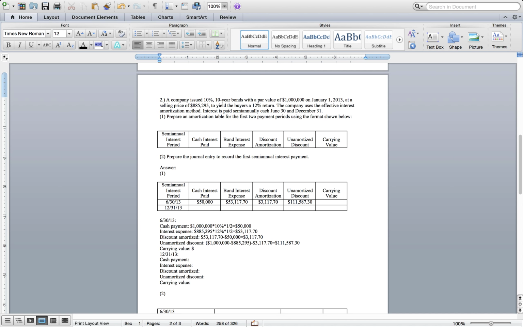Again, start off with the $1 million. And then you subtract out the unamortized discount portion, which is calculated at $111,587.30. So this will equal $888,412.70.